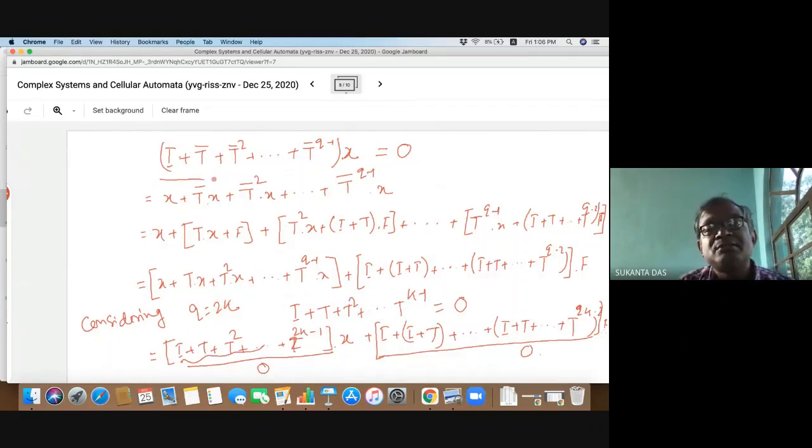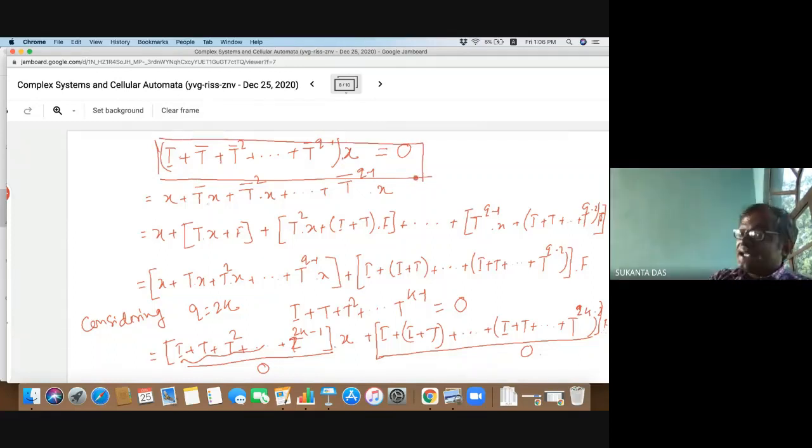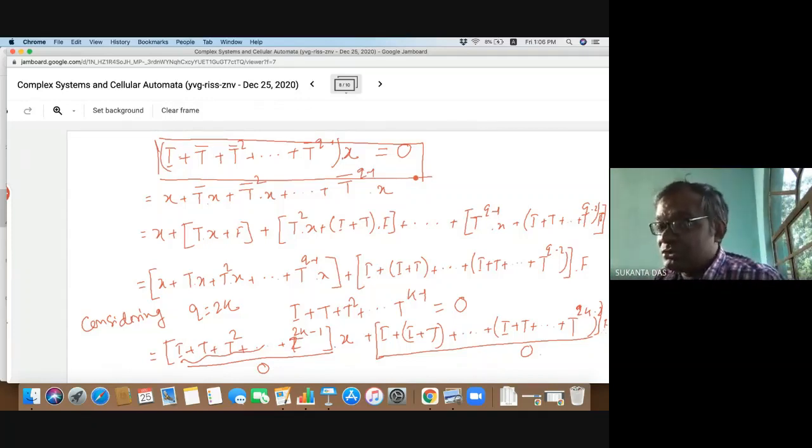So the first part is done. It may not work for all Q, but the point is you have to show that there exists a Q. So we have shown that there exists a Q for which this is equal to 0. Right? So the first part is done.